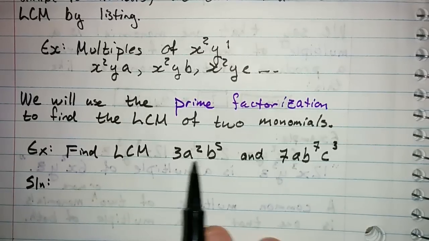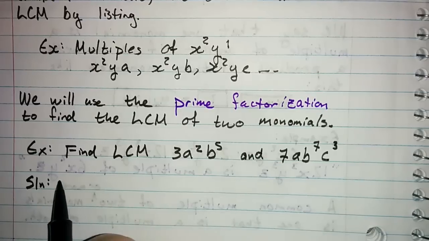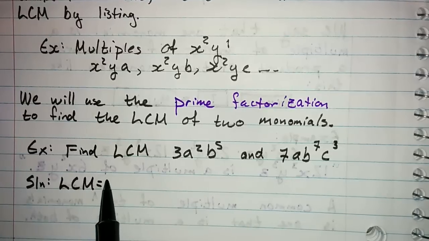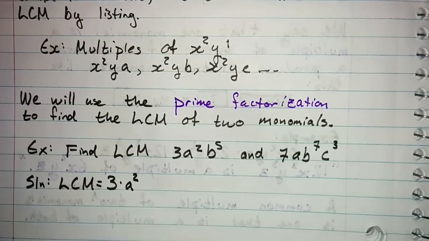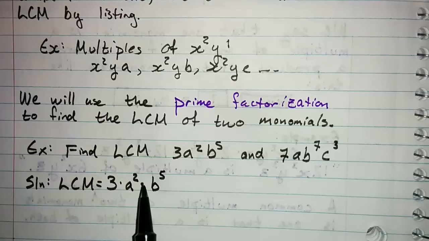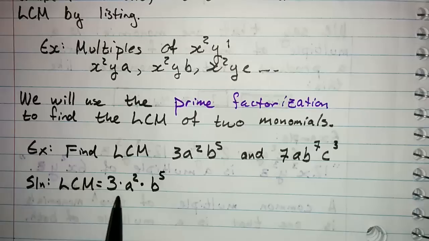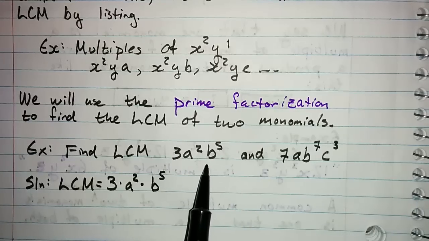Noticing that my coefficients are prime, so I don't need to worry about factoring them. My least common multiple is going to have a 3 in its prime factorization. It's going to need 2 a's and 5 b's. So these are all of the factors that it needs to be a multiple of this monomial.